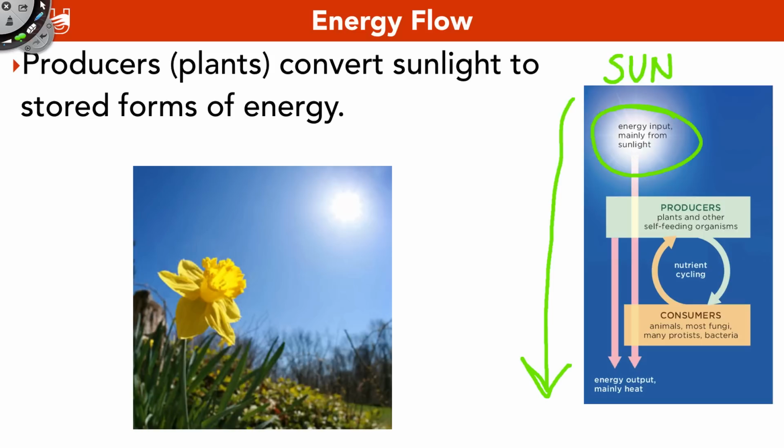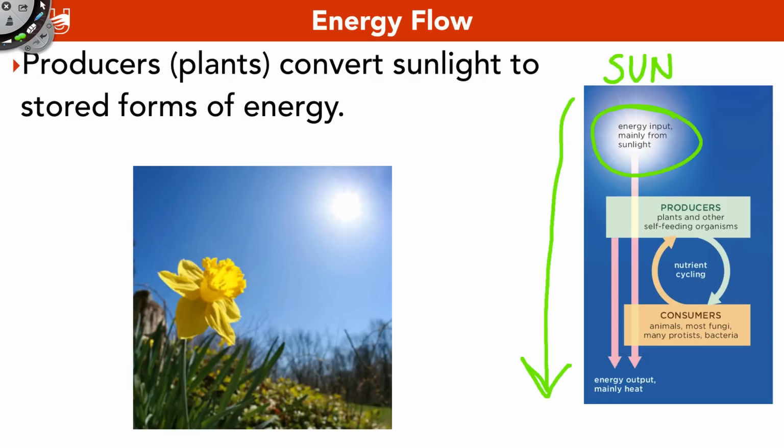Now you might ask yourself, well, great, does that mean I can go outside and hold my body up to the sun and make energy? And of course you can't. It doesn't work that way. We're not solar panels. So how do we get energy from the sun, yet we can't derive energy from the sun directly?